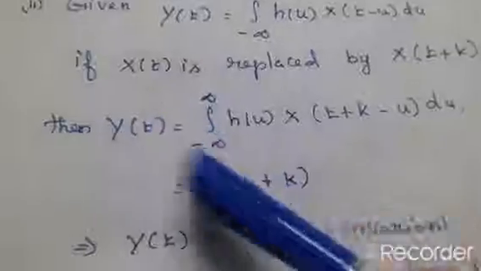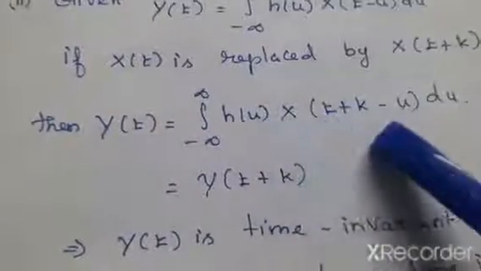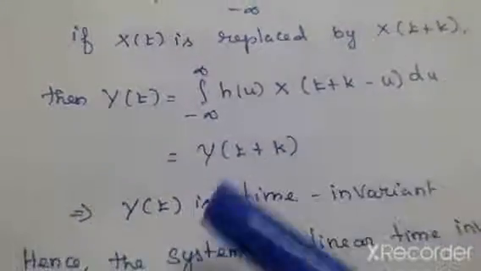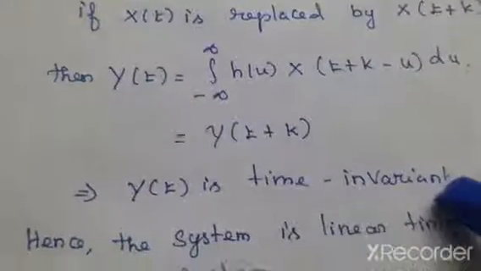Instead of x of t we have t plus k, so y of t is time invariant.